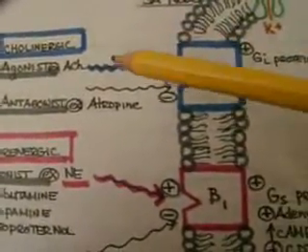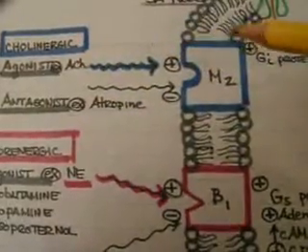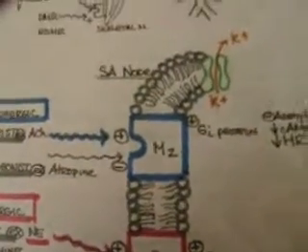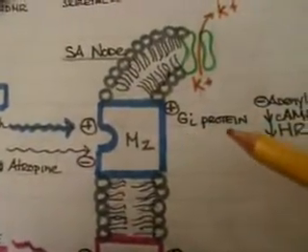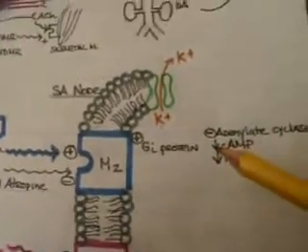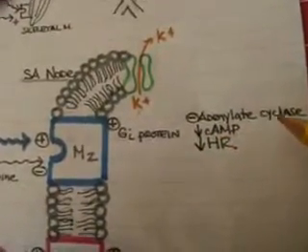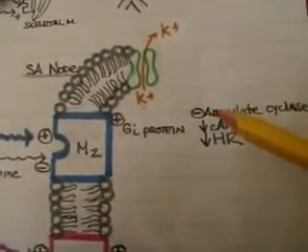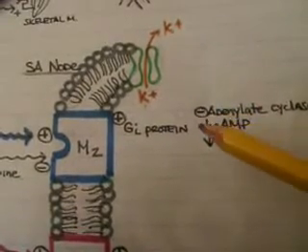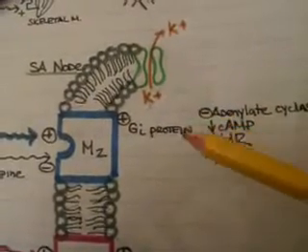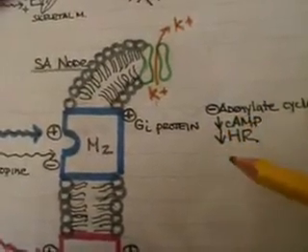And once the acetylcholine binds to the muscarinic receptor, that stimulates the Gi protein, which inhibits the adenylyl cyclase enzyme, which decreases the production of cyclic AMP and has the ultimate result of decreasing the heart rate.